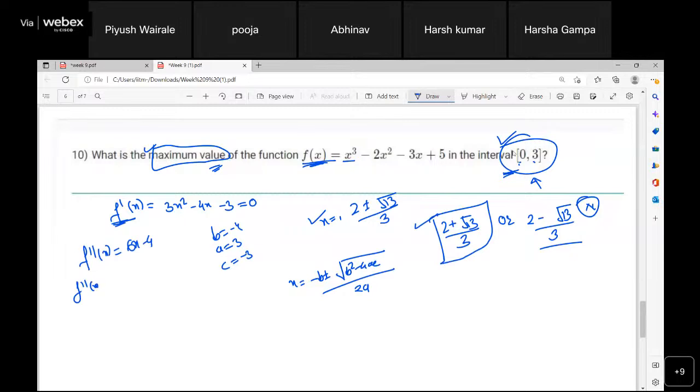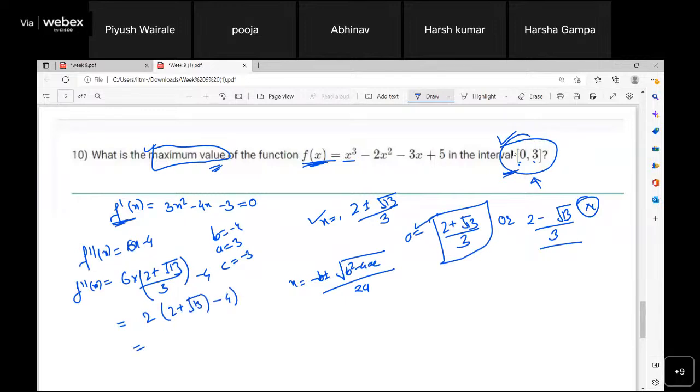Now just put this in instead of x. So f double dash of a, if a equals this, it will be 6 into 2 plus under root of 13 divided by 3, and minus 4. So it will be 2 plus root 13 minus 4.